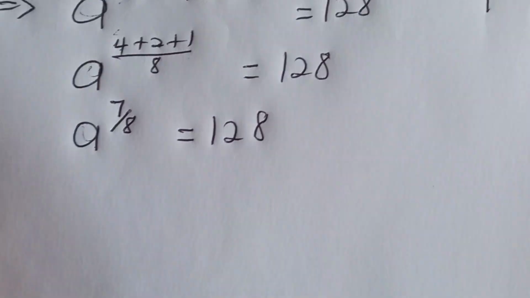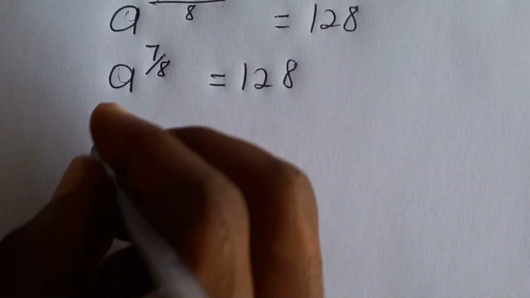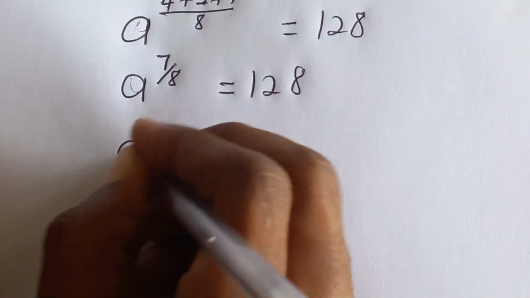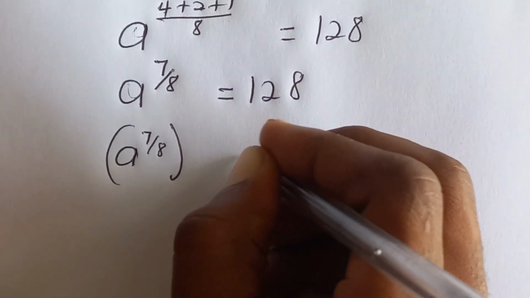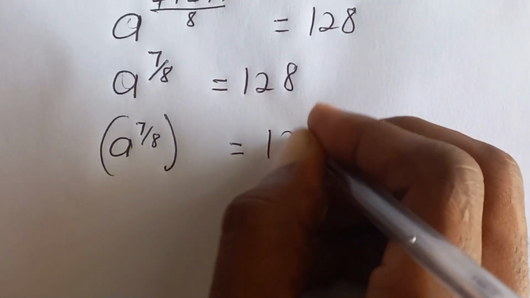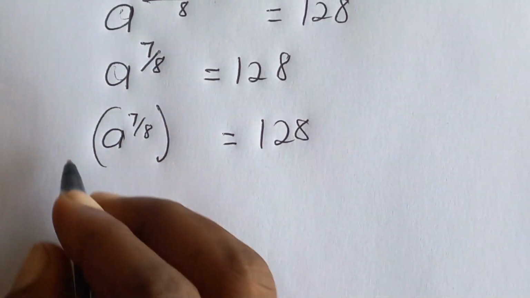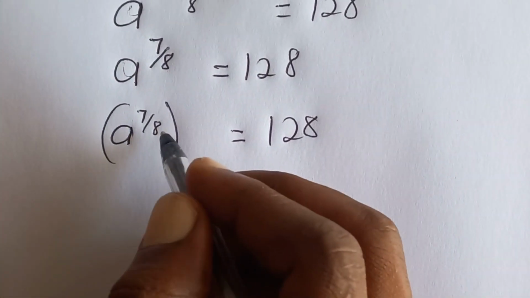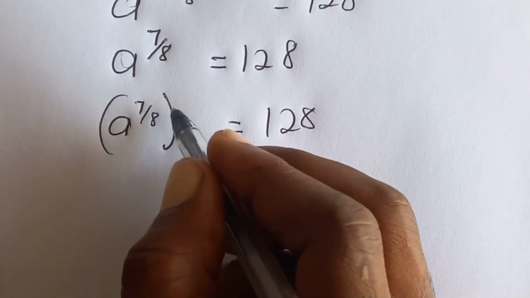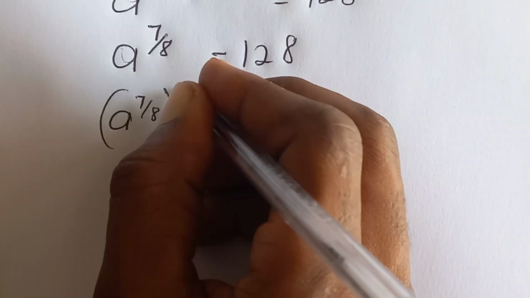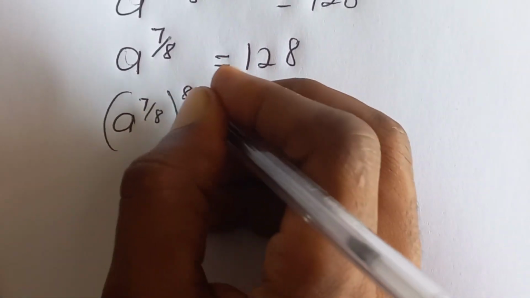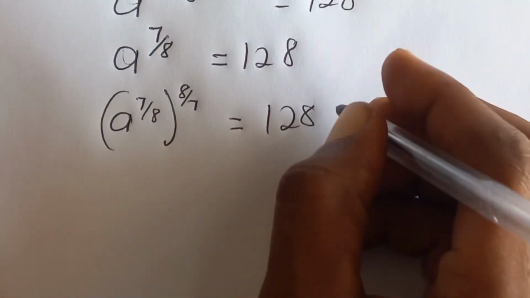Now we introduce an exponent of 8 on 7 on both sides.